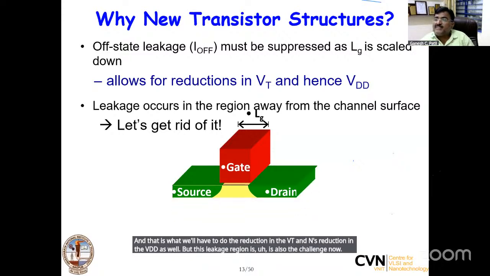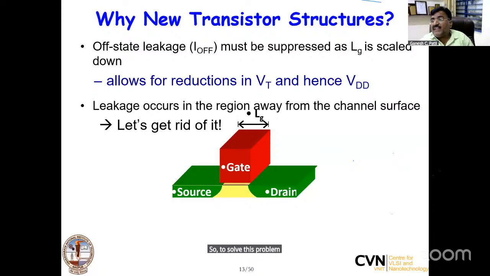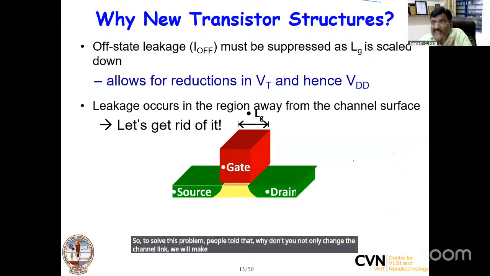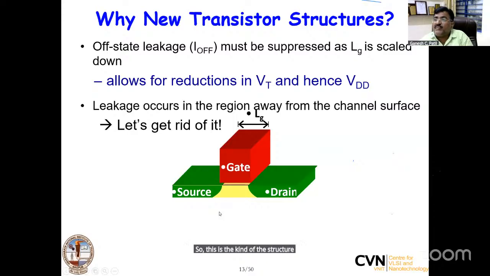So to solve this problem, people said why don't we not only change the channel length, we will make a thin body as well. So people came up with ultra thin body kind of devices. This is the structure of ultra thin body devices.